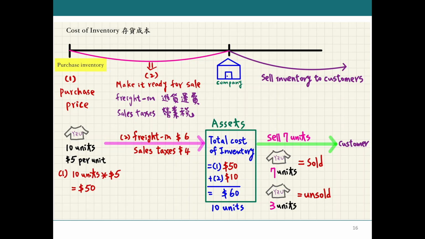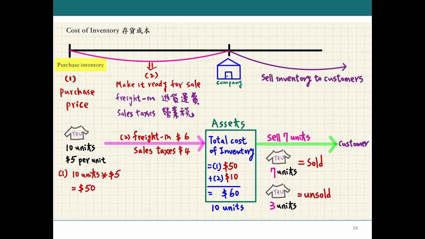And in order to get the 10 t-shirts, I paid a shipping fee of $6 and tax of $4. So totally, I spent $60 to buy 10 t-shirts, right? These $60 are our inventory.